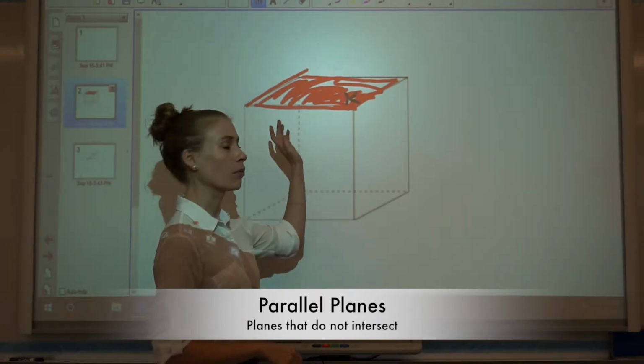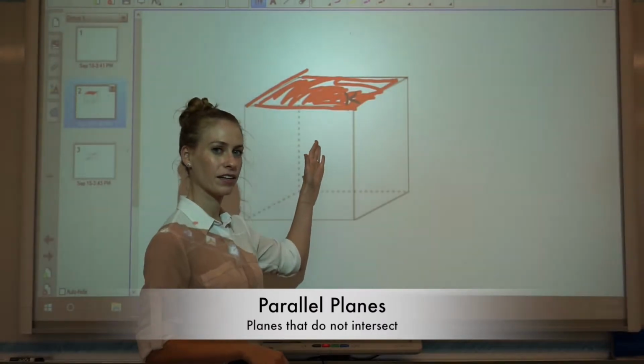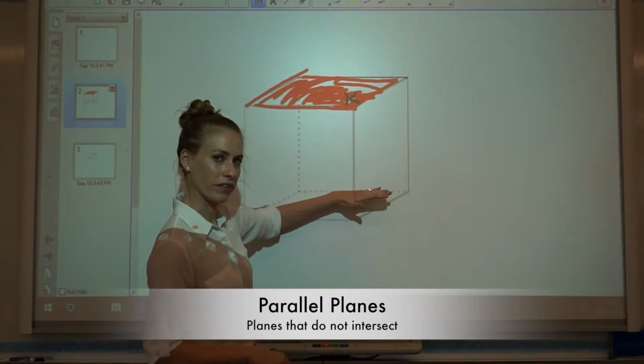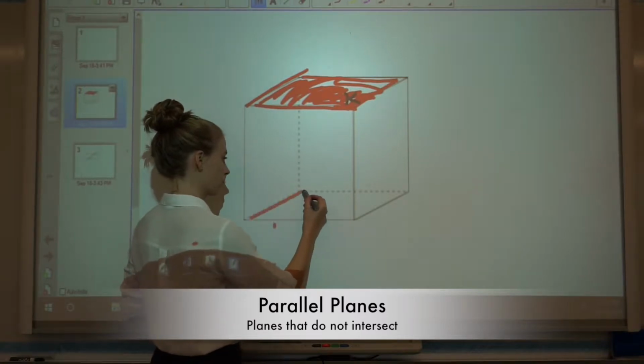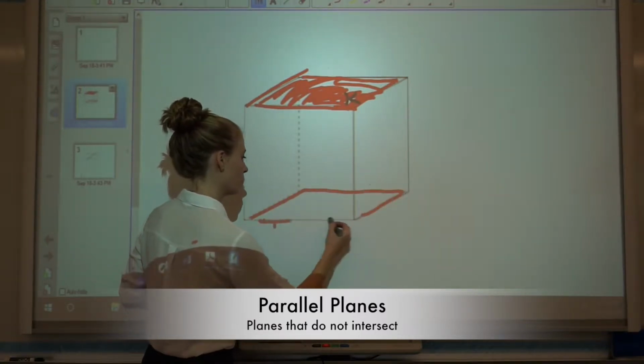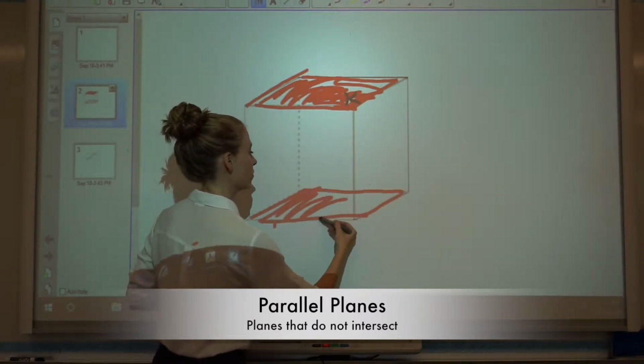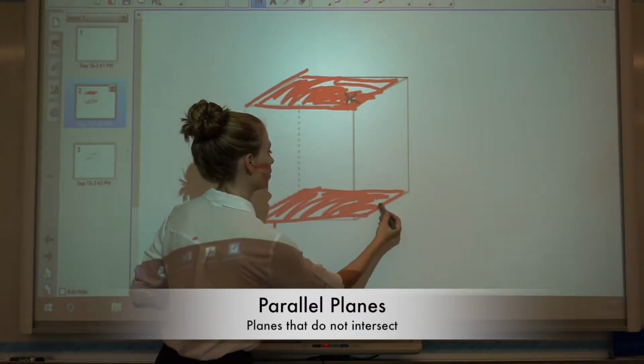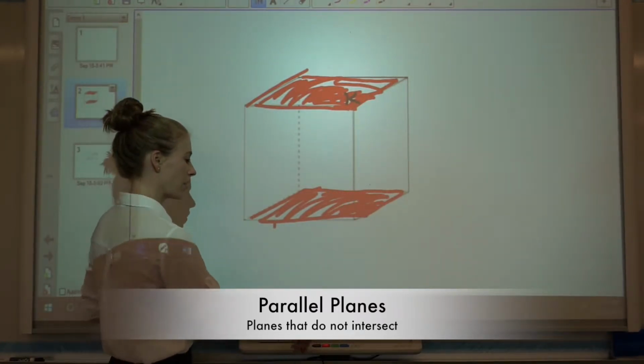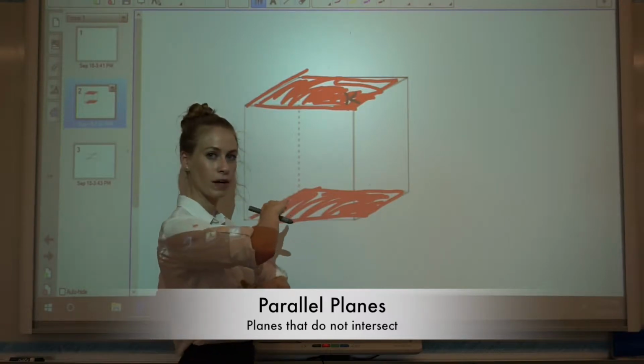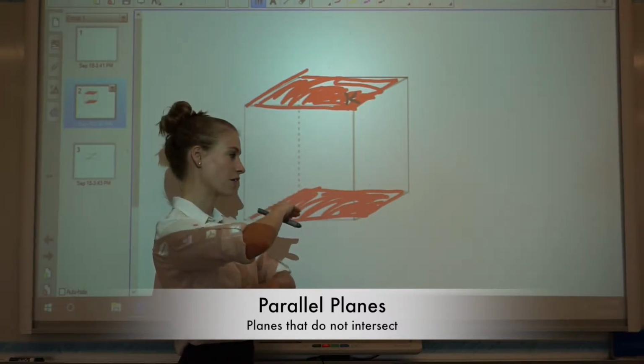So another plane that would not intersect with plane K would be this bottom one right here. So I'm going to shade that in so it's a little bit easier to see. So you can see that we have two planes, like two parallelograms, that are not going to intersect.